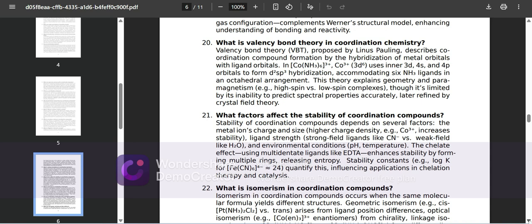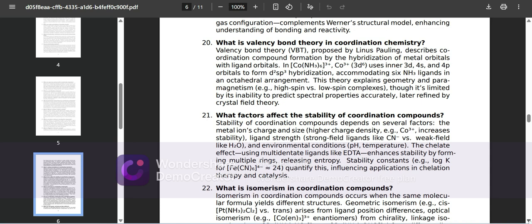In [Co(NH3)6]3+, Co3+ with 3d6 uses inner 3d, 4s and 4p orbitals to form d2sp3 hybridization, accommodating six NH3 ligands in an octahedral arrangement.